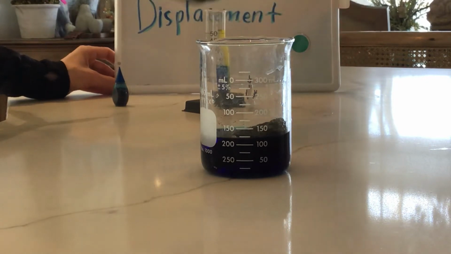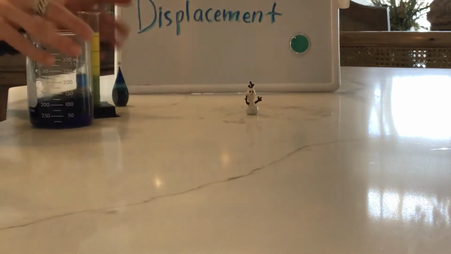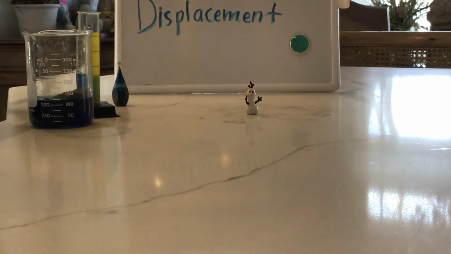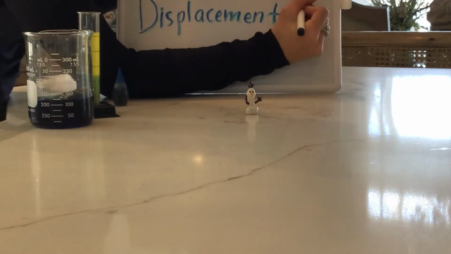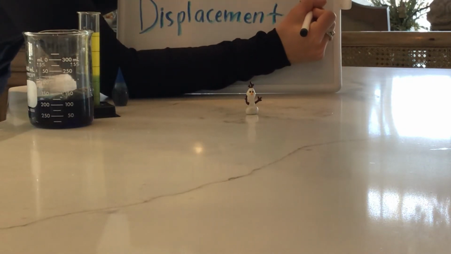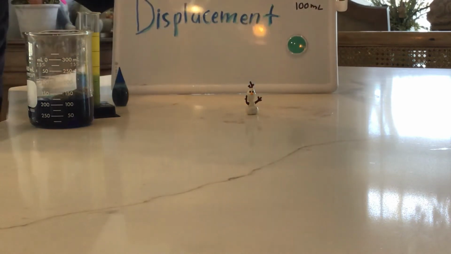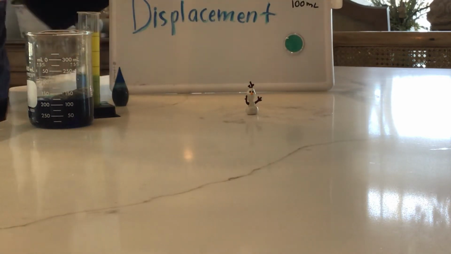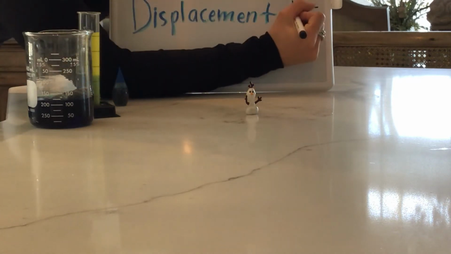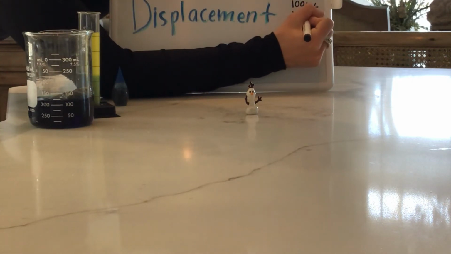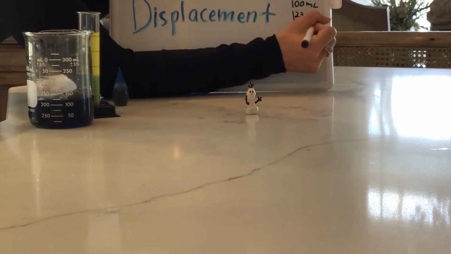So what I can do here is a little equation. So now I know that I started off with my water level at 100 milliliters. But now, after putting my rock inside of it, the water level rose to about 123 milliliters.